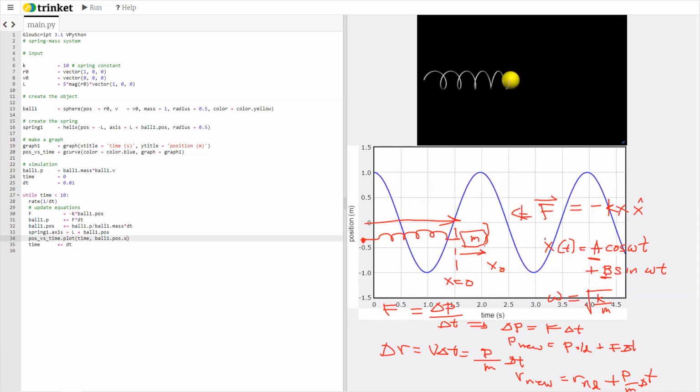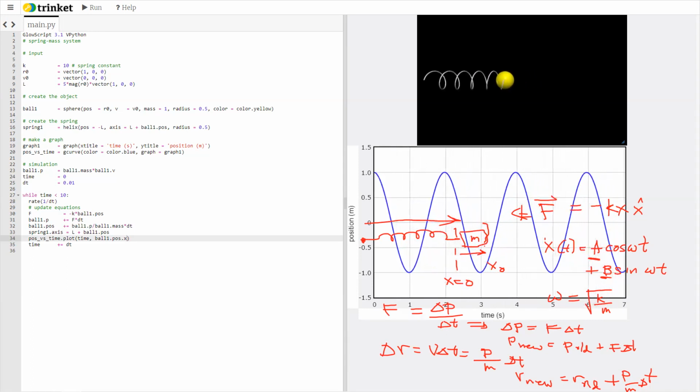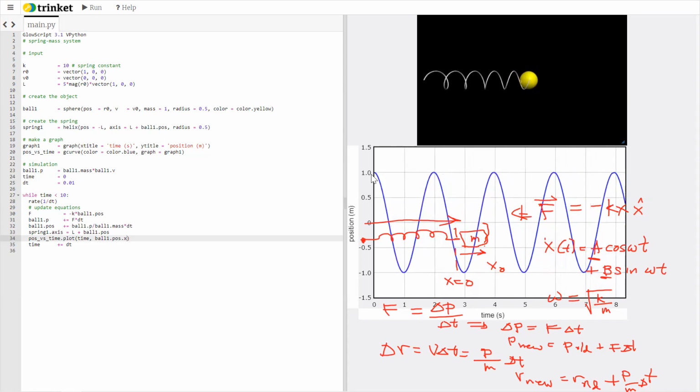The function, as you can see, is a cosine function because it starts at its maximum point.